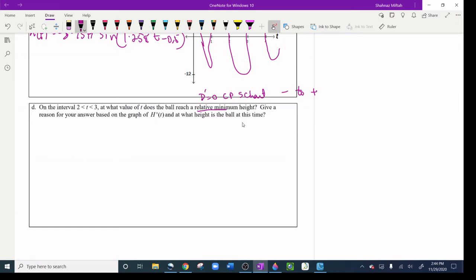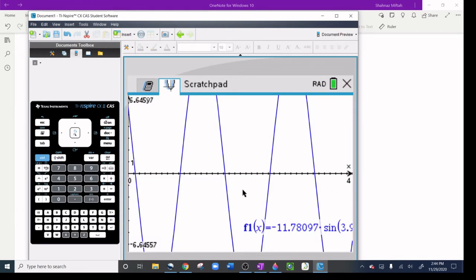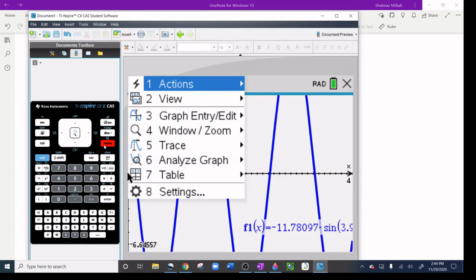So this one on the interval, which I'm going to go back and check on the calculator. When we go to the graph portion, we already drew this graph. This was h prime t. I took a derivative, made it equal 0, found the critical points. All these are my critical points, these zeros where the graph is touching the x-axis. So where is my minimum? I can just simply go to menu.